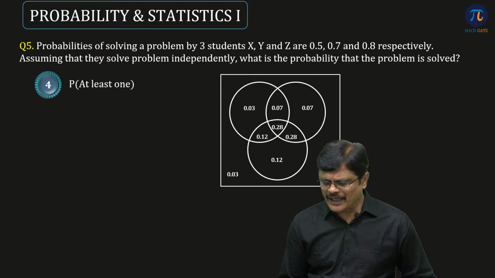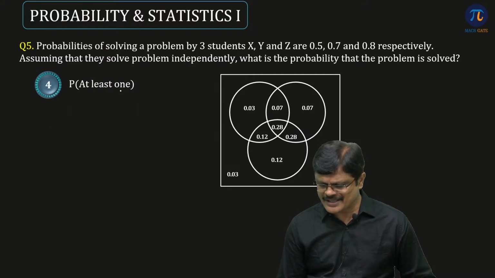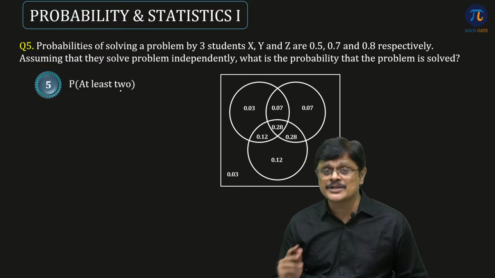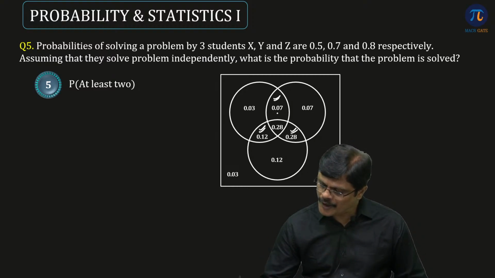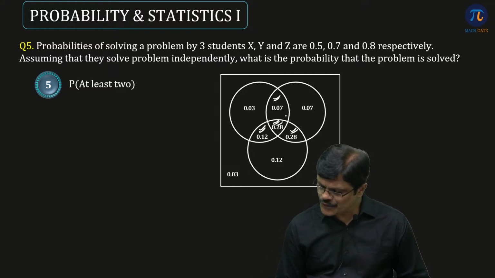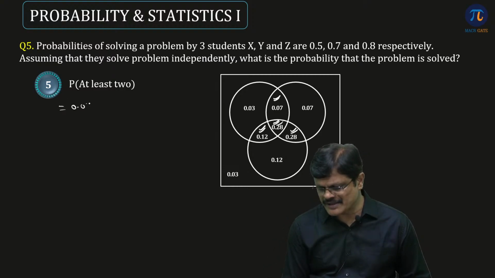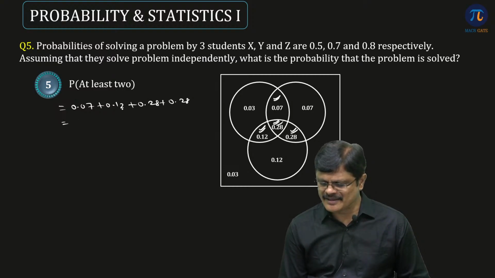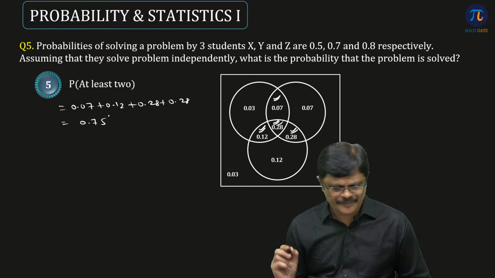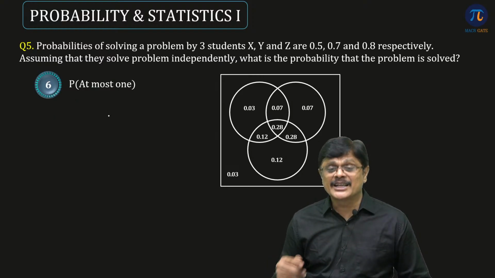At least one we already solved. At least 2 means 2 or more, so this is 2 or more, including all the 3. So you get all these sums: 0.07 plus 0.12 plus 0.28 plus 0.28, which is 0.75.